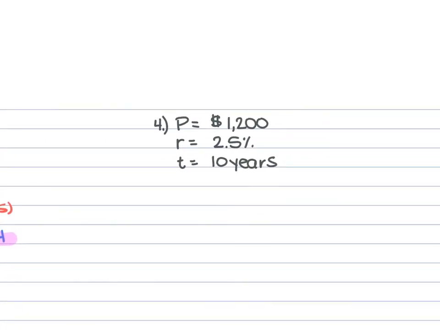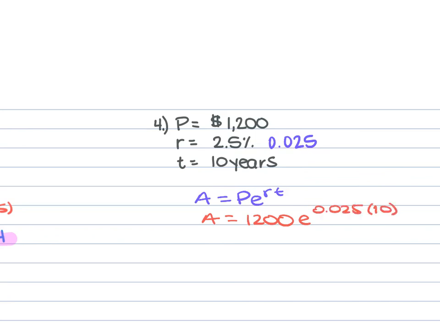For 4, we have $1,200 being invested, a percentage of 2.5%, so that's 0.025 over 10 years. So A is equal to P times e to the power of R times T. This is going to be A is equal to 1200 times e to the power of 0.025 times 10.